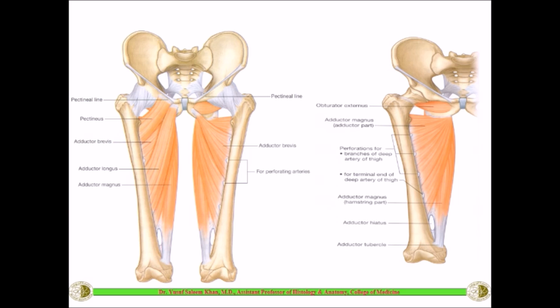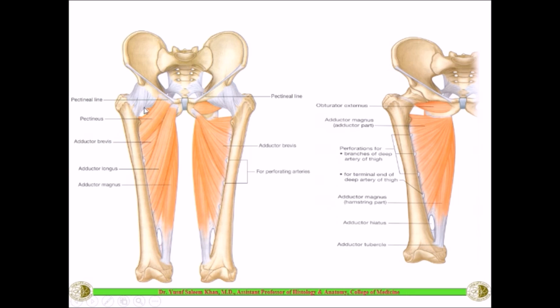So here we can see the picture where all the muscles of the adductor compartment can be seen. Here this is the adductor longus muscle, here is the adductor brevis. This can be seen much more clearly. Here is the adductor brevis, and behind it the big muscle is called the adductor magnus. In this picture, the whole muscle is the adductor magnus with a lot of perforations for the branches of the deep artery of the thigh.